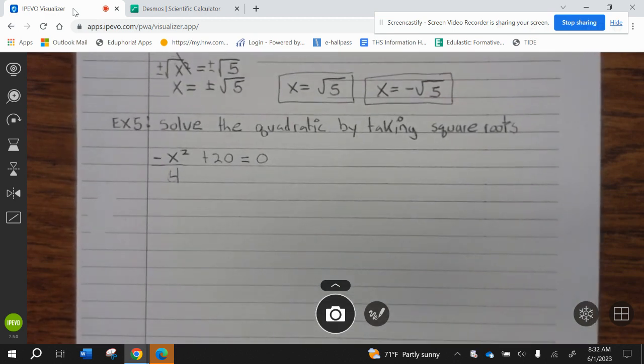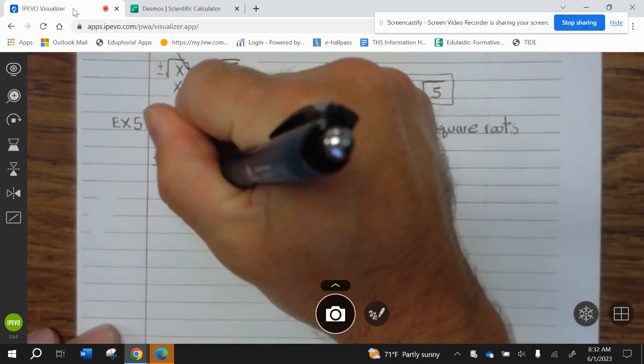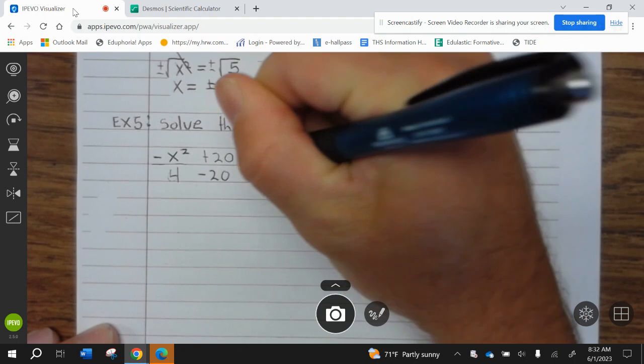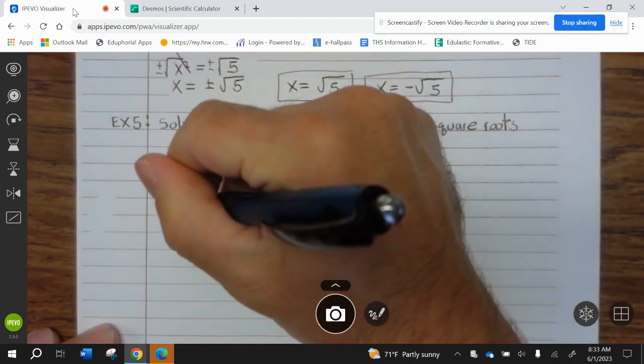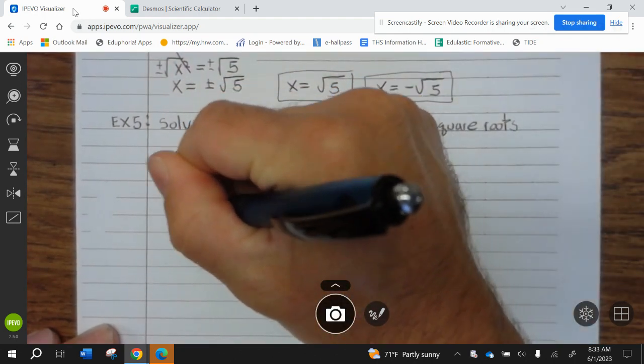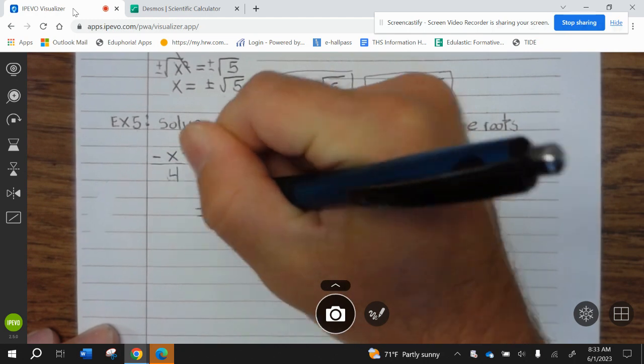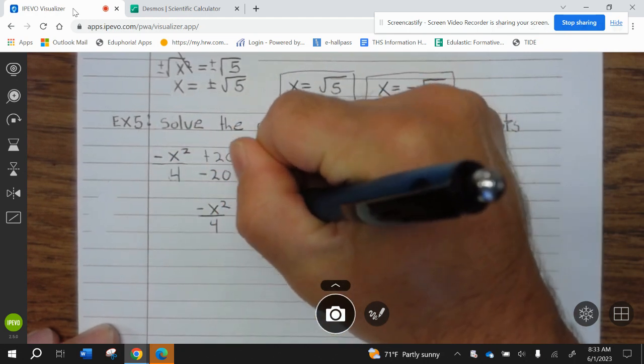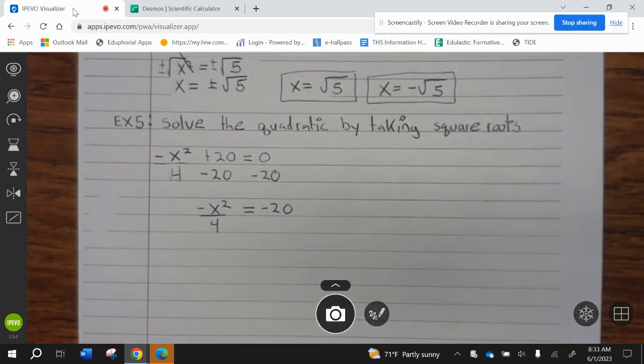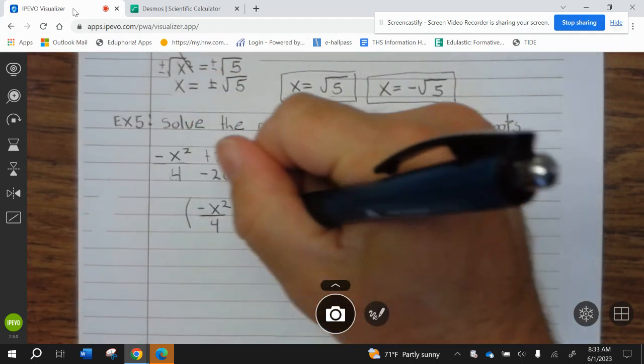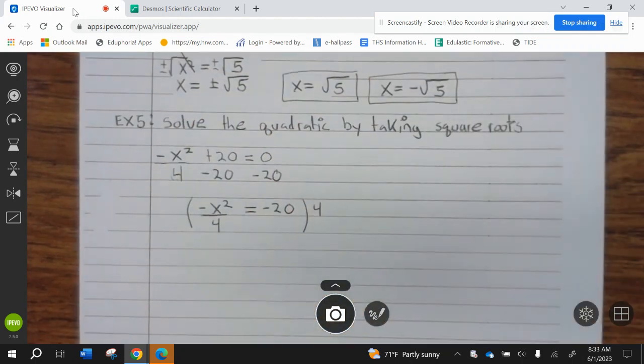All right. Now, first things first, we need to subtract 20 from both sides. So then you get negative x squared divided by 4 equals negative 20. Now we need to get rid of the fraction, so we're going to multiply everything by 4.